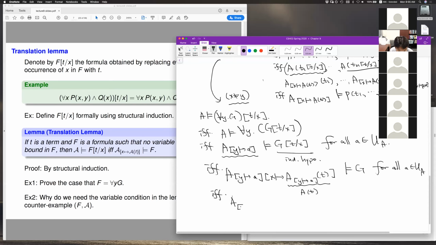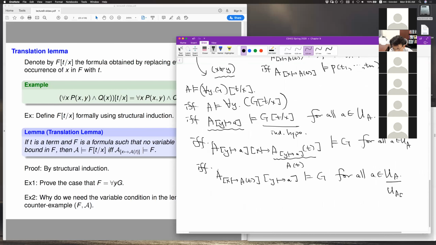This gives the following equations, for A in U of A. But U of A is the same as U of A where we replace X by A of T. So if you look at this entire thing as a structure that we are using here, this is nothing but the semantics of universal quantification.